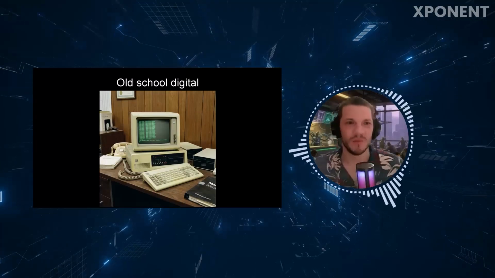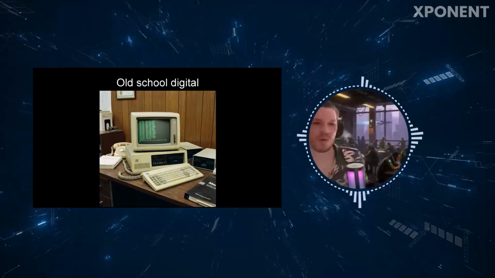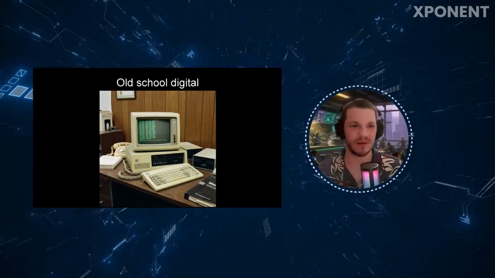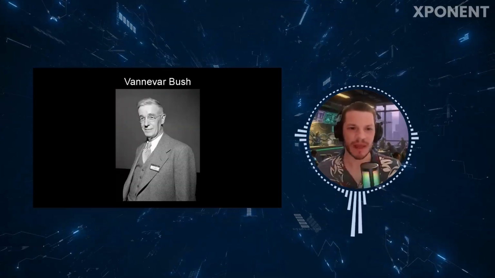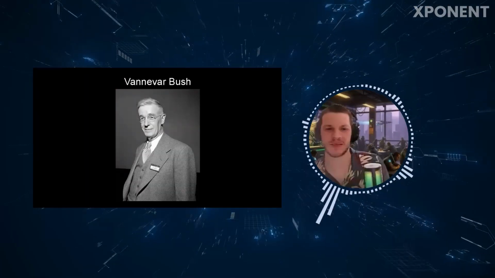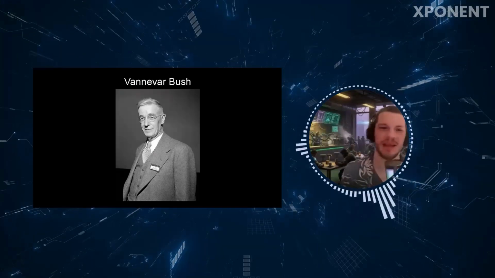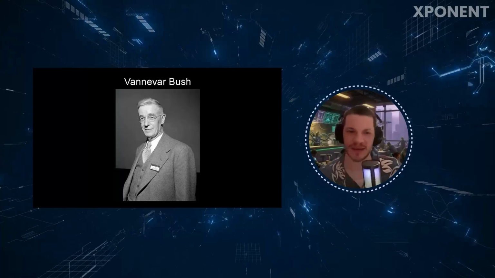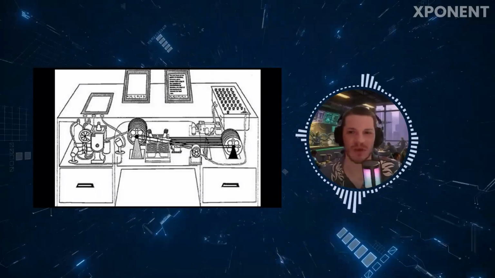So moving on swiftly to some old school digital cybernetic systems, we've got Vannevar Bush. He came up with the Memex in 1945. He thought the problem wasn't so much in creating knowledge, but in finding it. So he proposed the Memex. It's a desk that stores a whole bunch of documents.